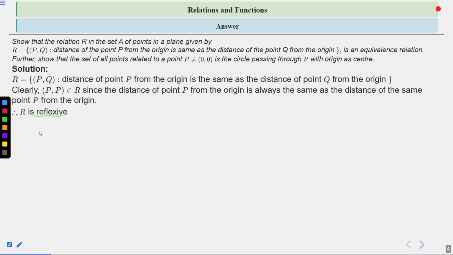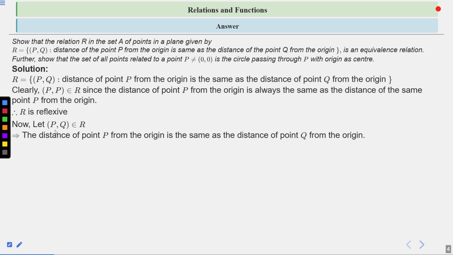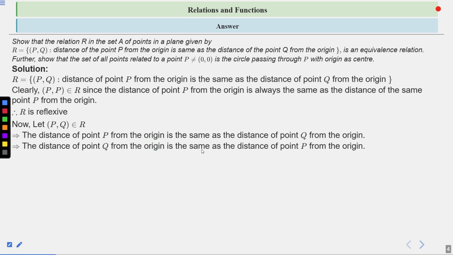So reflexive. Now assume (P, Q) belongs to the relation R, meaning P and Q satisfy the condition that the distance of point P from the origin is the same as the distance of the point Q from the origin, which implies, the same thing said in different words, the distance of Q from origin is the same as the distance of P from origin.